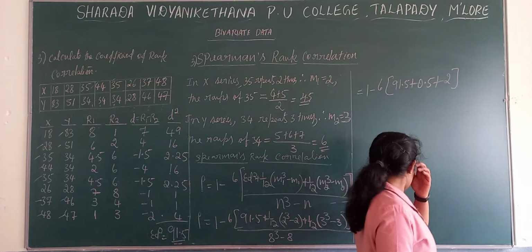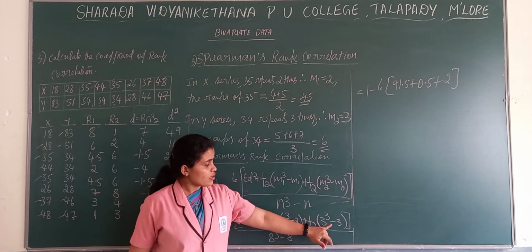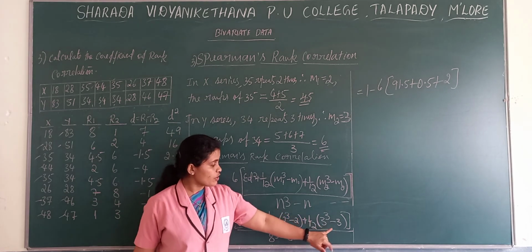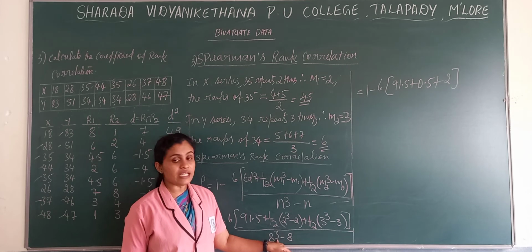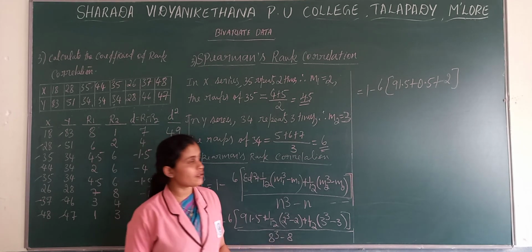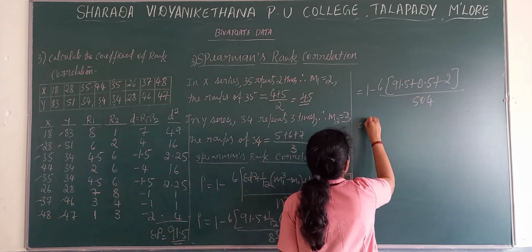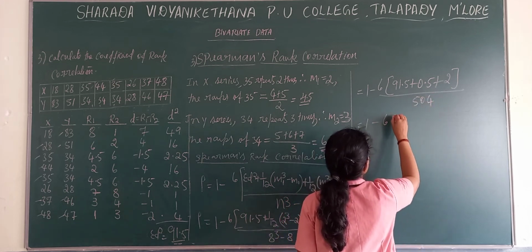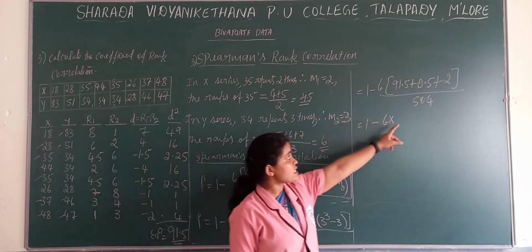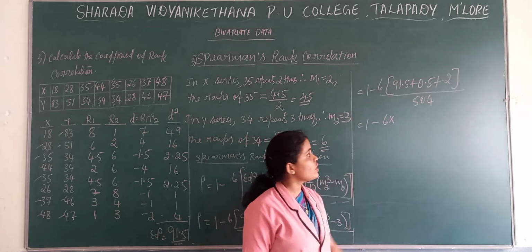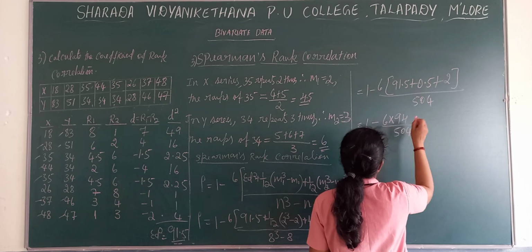Here 27 minus 3 we get 24, 24 by 12 we get 2. Next, 8 cube minus 8 we get 504. So 1 minus 6 into, now what do we get? 91.5 plus 0.5 plus 2 gives 94 by 504.